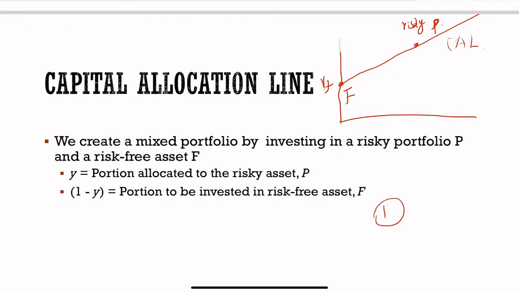That is, you have portfolio P and you have the risk-free asset. And then you will invest in both of these two. Now you will have a larger mixed portfolio.